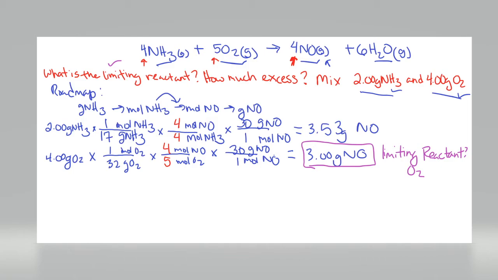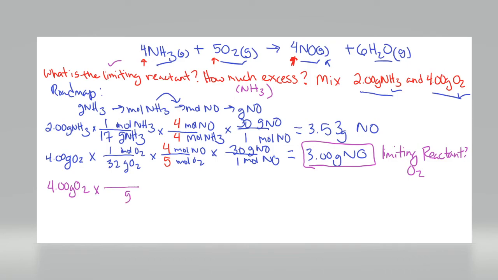How much is in excess? Well, now we know that NH3 is the excess. So we need to figure out how many grams of NH3 would be consumed. With that in mind, we are going to start again with 4 grams of oxygen because we need to go to grams of NH3.